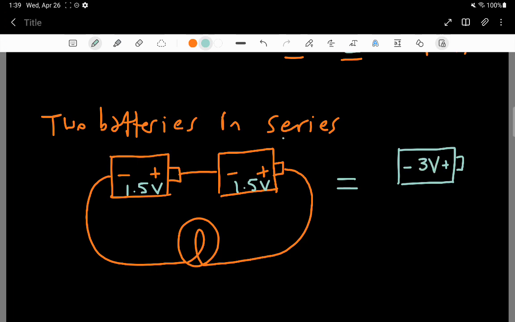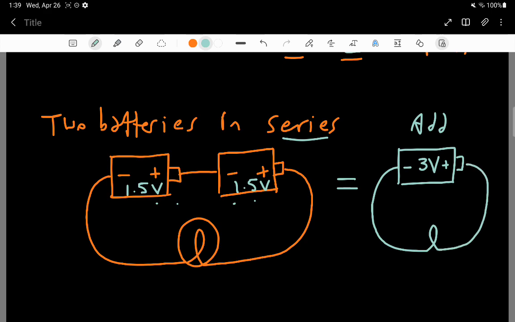When you put batteries in series, the voltages add. And so when I finish the circuit with the light bulb, this light bulb is being driven by 3 volts and is very, very bright.